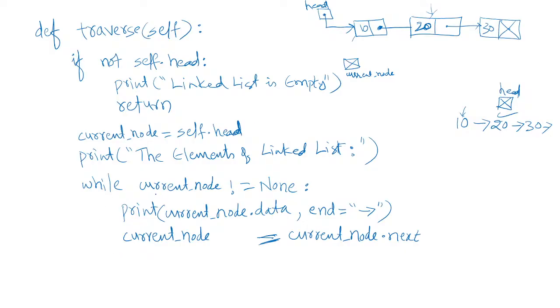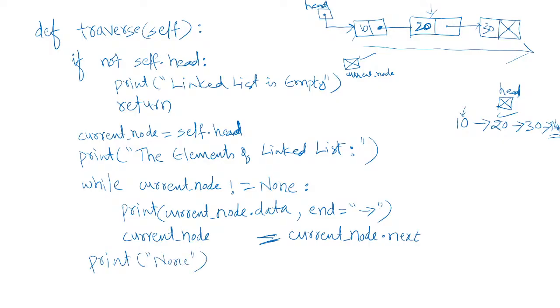So when it goes up, it checks current node not equals to none: false, because there is none in this. That indicates that you have traversed the entire list. Like this it has printed. Once you come out of the loop, we print a none at the end, because there are no more elements. I print a message after the arrow: none.